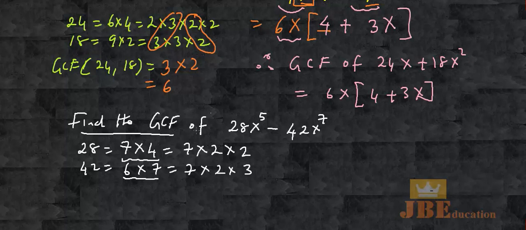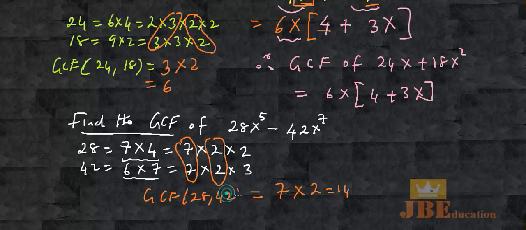So if I were to group, I would have one 7 featuring as my GCF, followed by the grouping of the number 2. So that would be 7 times 2, which is 14. So the GCF of 28 and 42 is going to be 14.